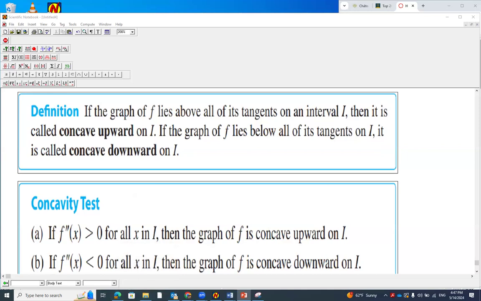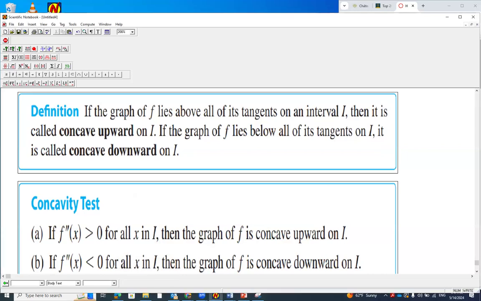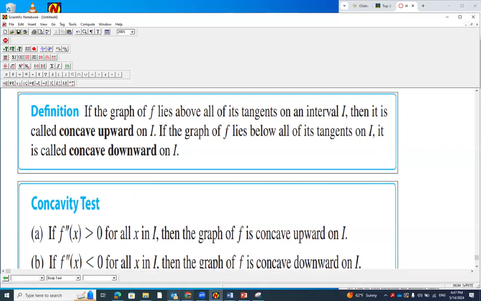So, hold on. The concavity, the inflection, let me just type it.